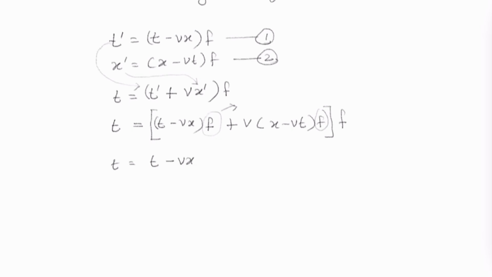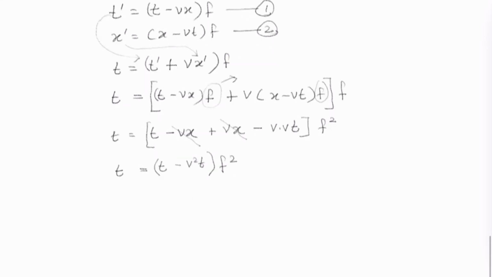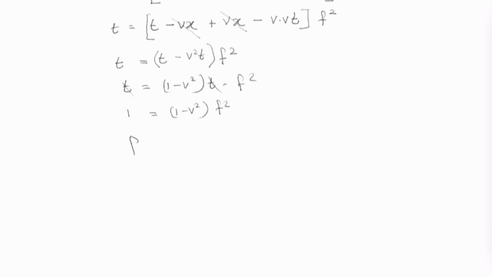So t equals t minus Vx plus Vx minus V squared t, whole thing times f squared. So Vx cancels off. So t equals 1 minus V squared, times f squared, times t. So t cancels off. f squared is 1 over 1 minus V squared.